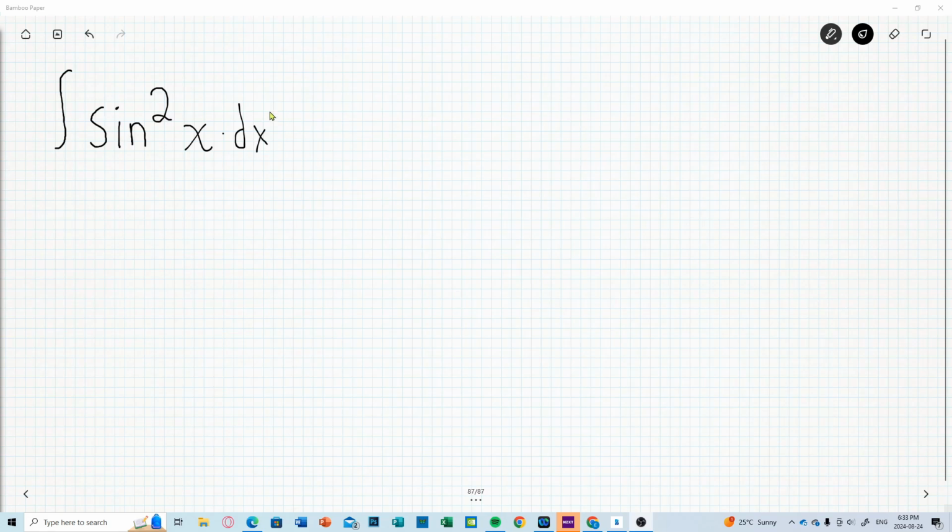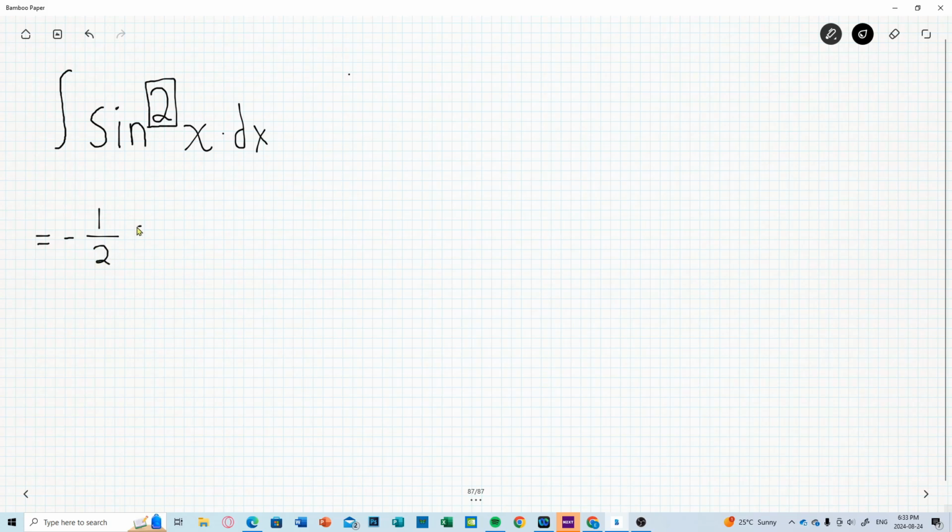Alright, so our first question is sine to the power of 2 of x. Now we're going to put this into terms of our reduction formula. If you need to go back to check it out, or if you have it written down, we know that it is negative 1 over n to start, but our n in this case is going to be 2. So anytime we have an n, we're going to replace it with 2.